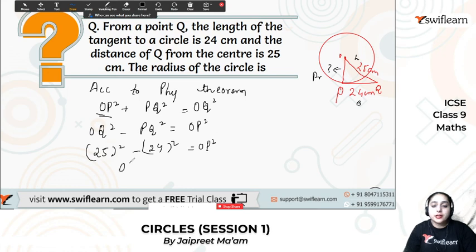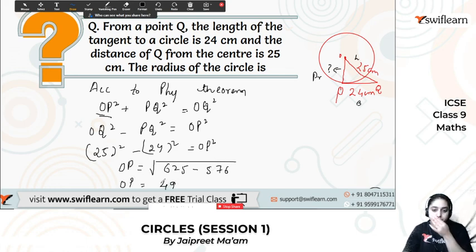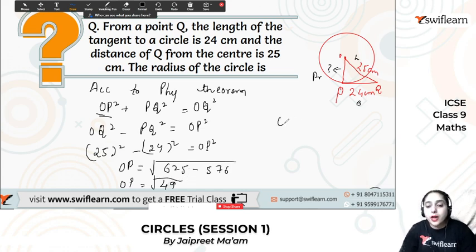Or we can write OP is square root of 625 minus 576. OP is equal to root of 49, and we know 49 is a perfect square. That means 7 times 7 is 49, so square and root will cancel out. OP is equal to 7 centimeter.